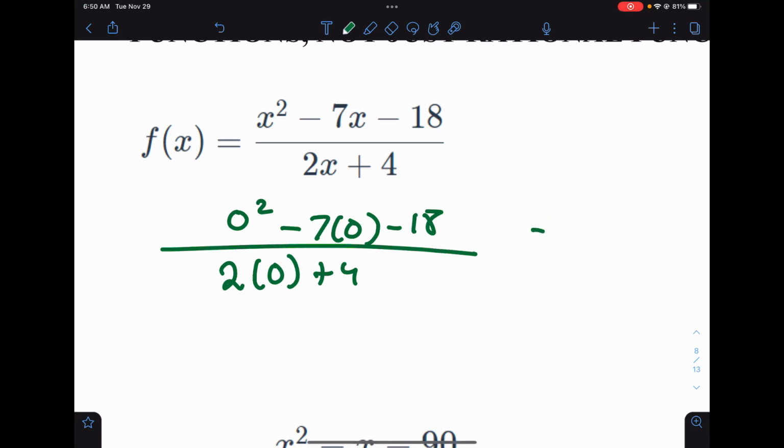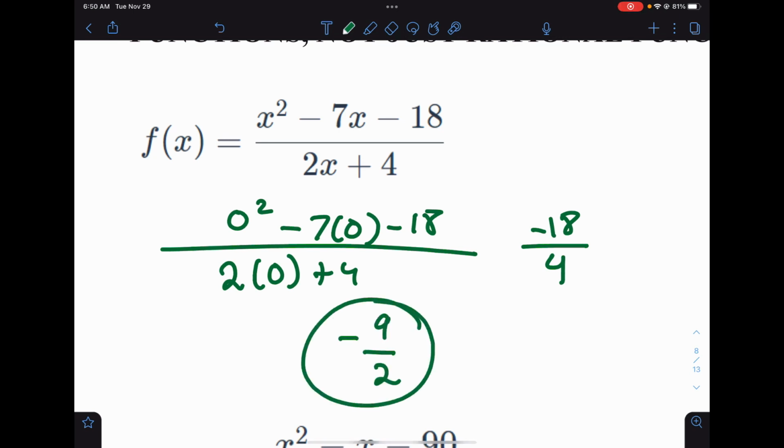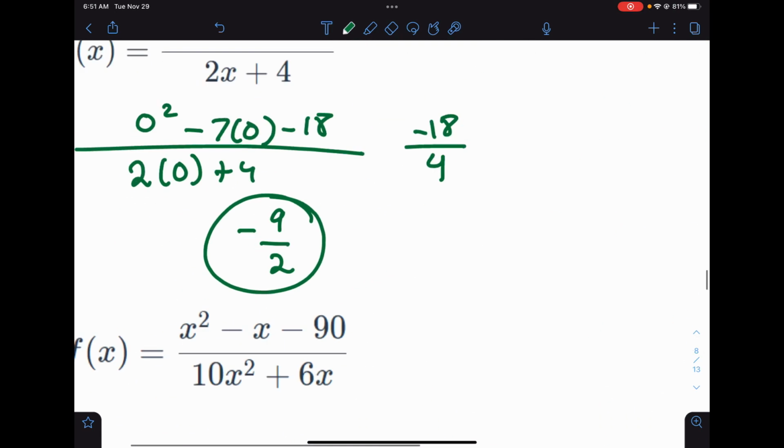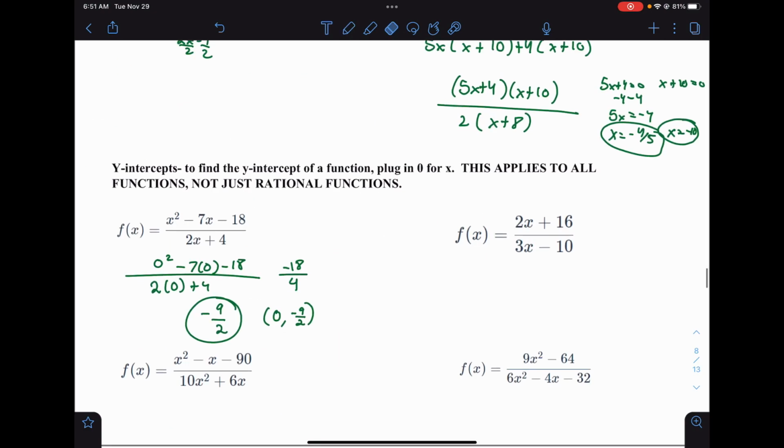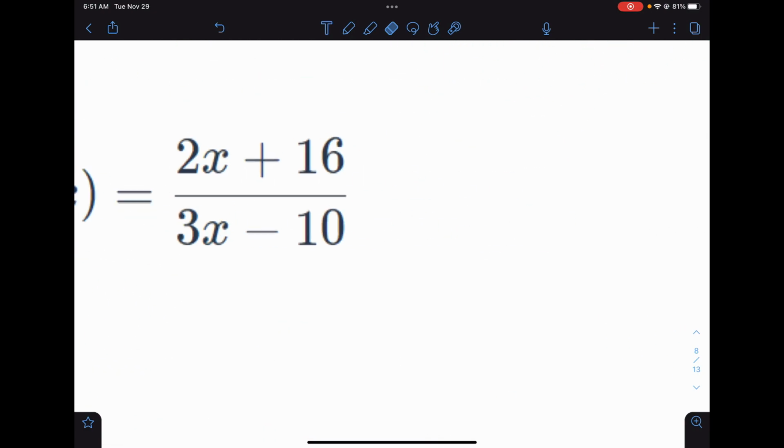We end up with negative 18 all over 4, which will simplify to negative 9/2. So that would be our y-intercept. You could write it as a point. You could do 0 comma negative 9 over 2, or depending on what they're asking for, you could provide either answer.